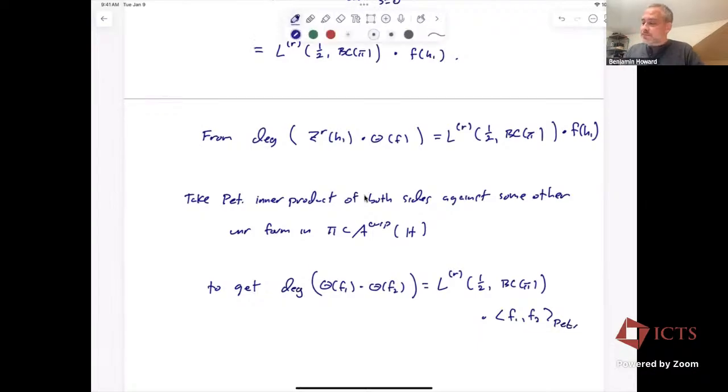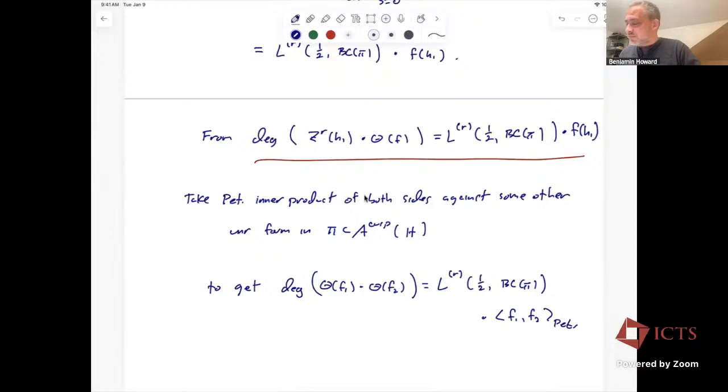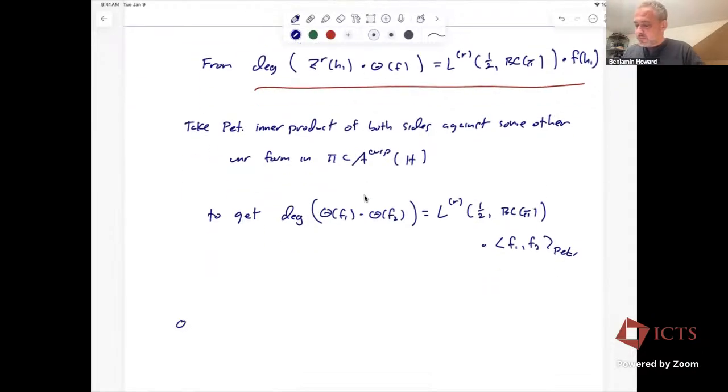Or, starting from this equality, you could extract a Fourier coefficient from both sides. Or take the EA Fourier coefficient on both sides.